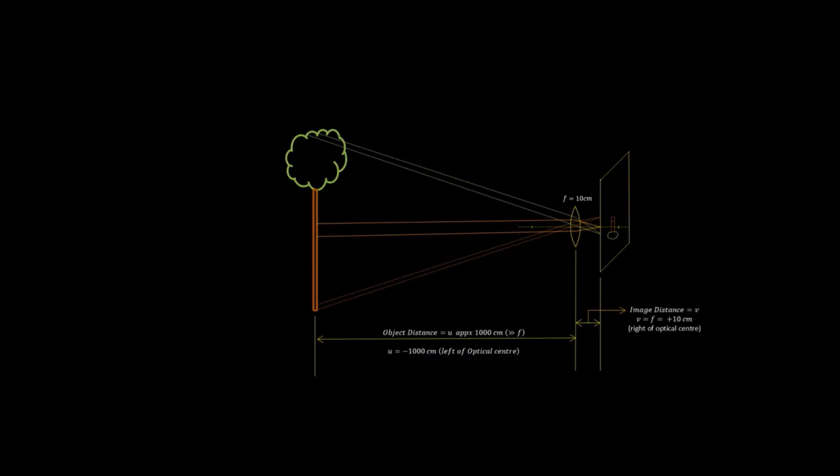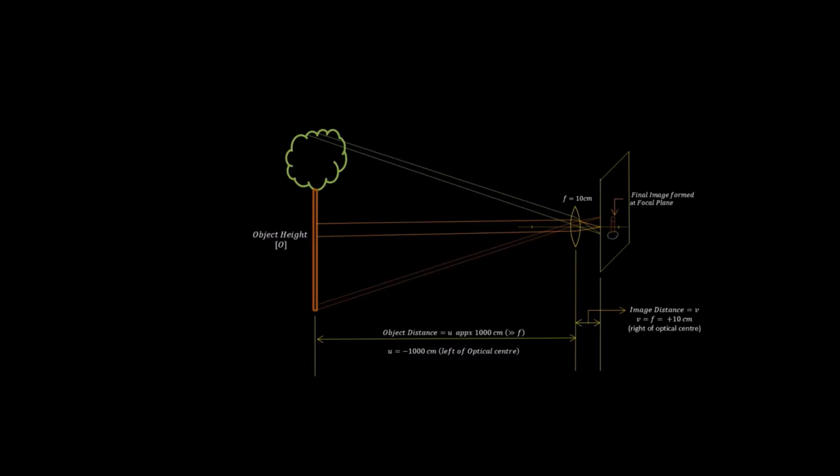Diminished because it's small, and real and inverted as it's captured on the screen. So the image distance here in this particular case is 10 centimeters, and it's at the right of the optical center. And the plane at which this image is formed is called the focal plane.